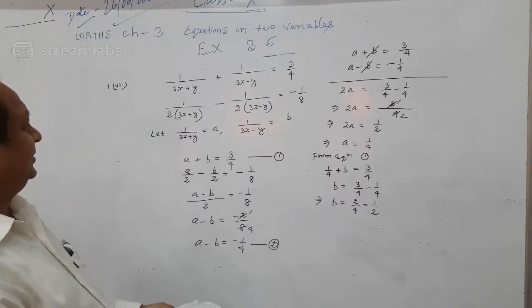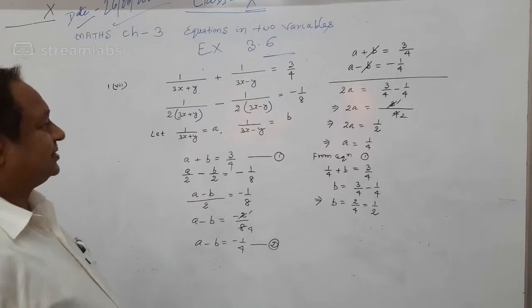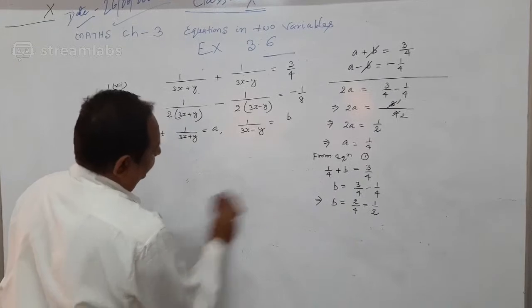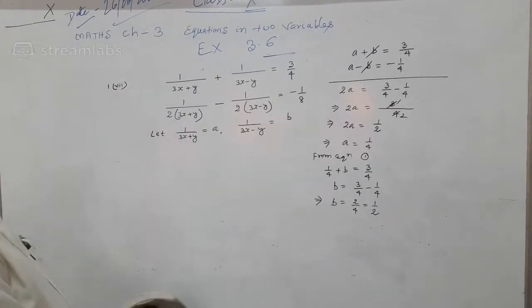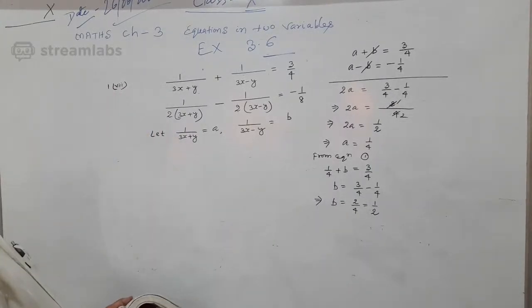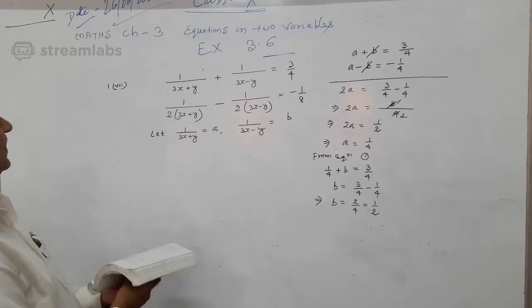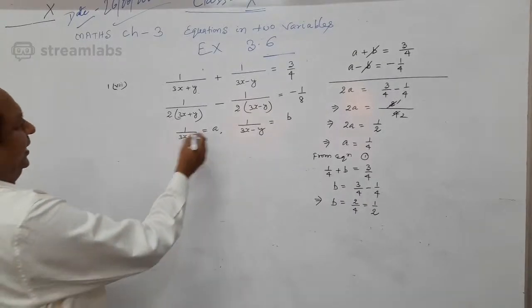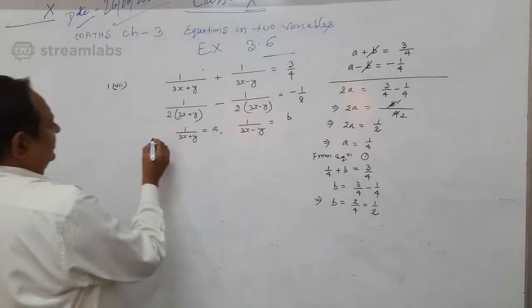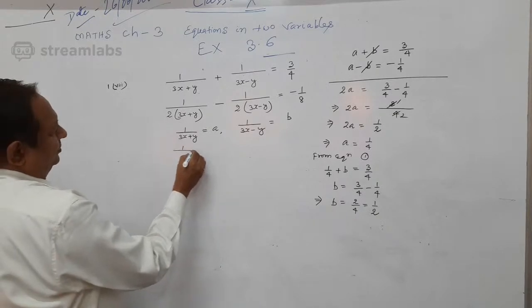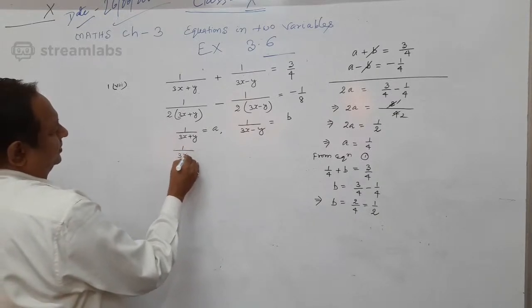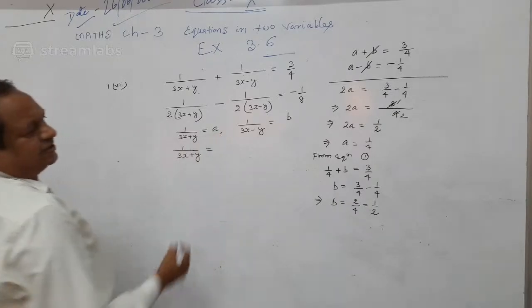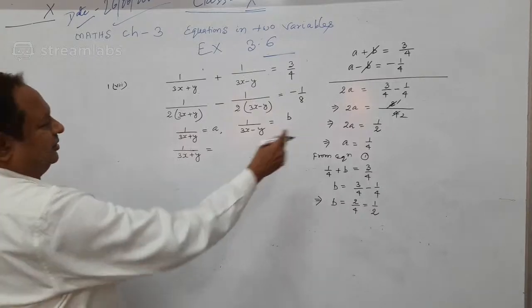Now we have to find the value of x and y. 1 upon 3x plus y is equal to a. 1 upon 3x plus y is equal to, in place of a, write 1 by 4.